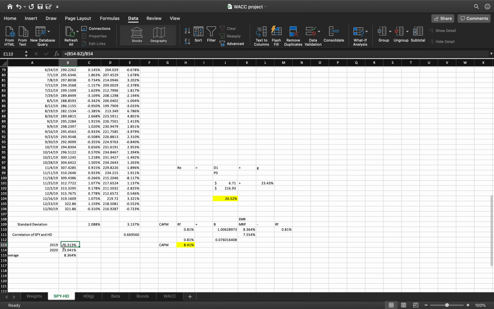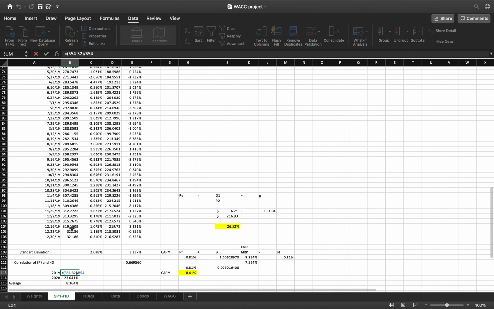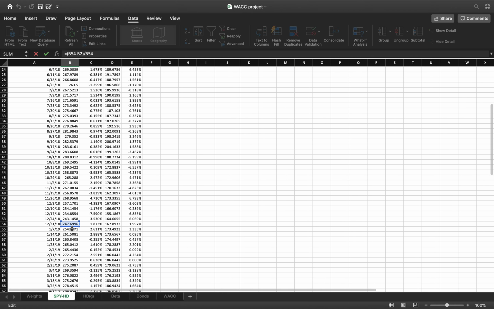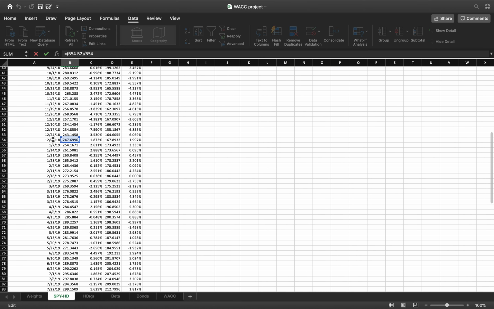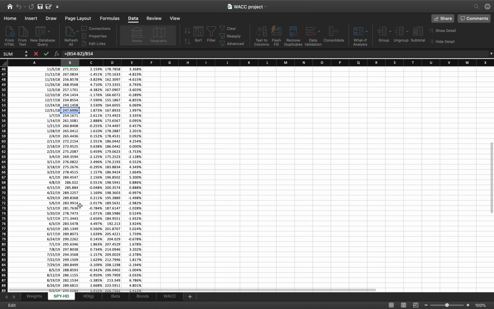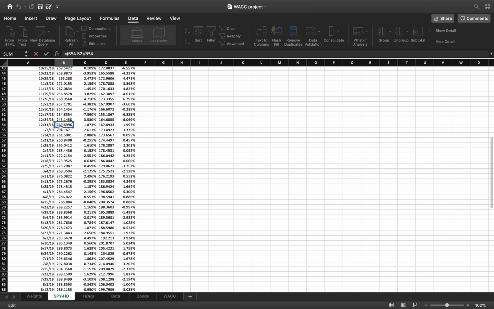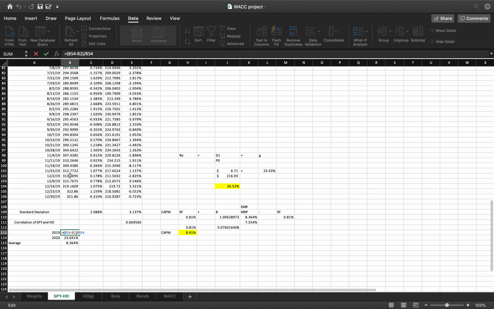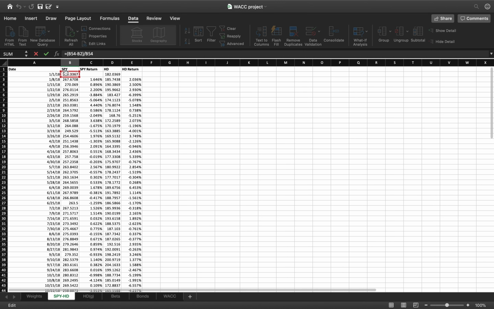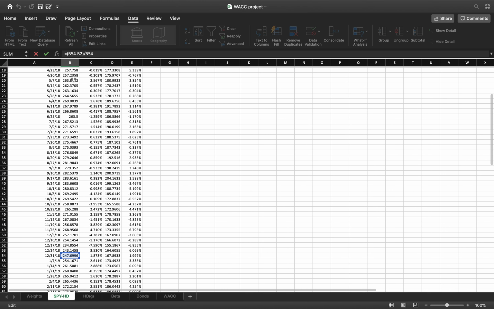And in order to do that, basically you need to find the last price for 2018, and because we are solving for 2019, we have to use the year previous, and that's going to be 247.6996, and then we're going to subtract the first price, which was issued on January 1st, 2018, which is going to be 263.33.